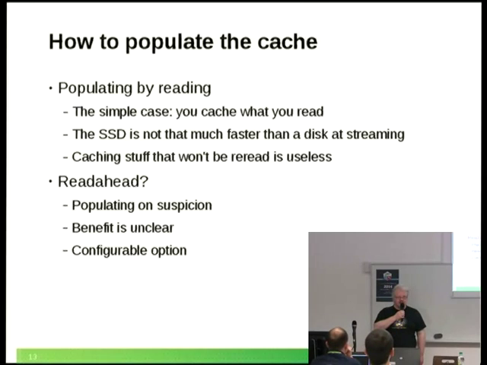It is still larger than any conventional disks, but to cache, you have to read from the conventional disk and write to the SSD. That can be done, but it is obviously slower than just reading from the conventional medium. So there is a chance that you actually worsen your performance. And this would happen if you were to cache large sequential reads. For that reason, Bcache does not do that.